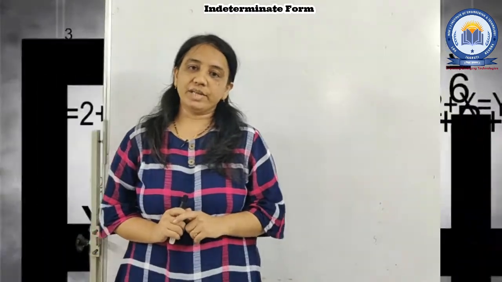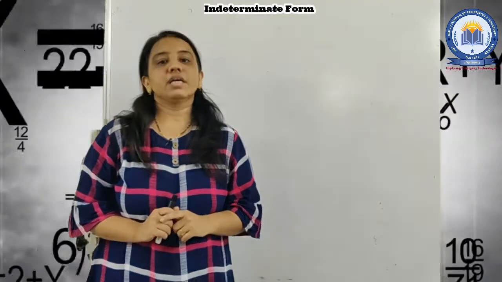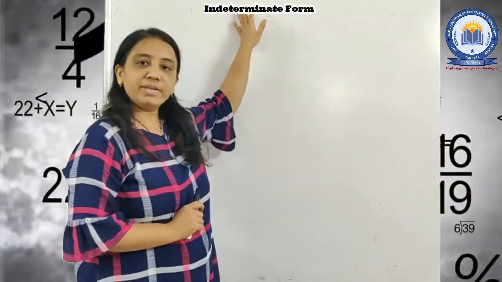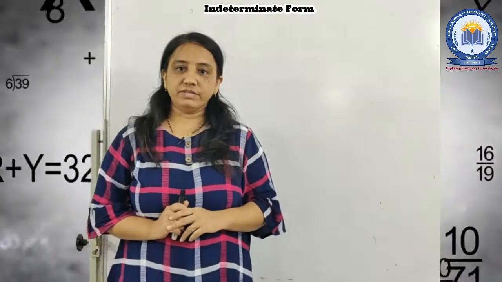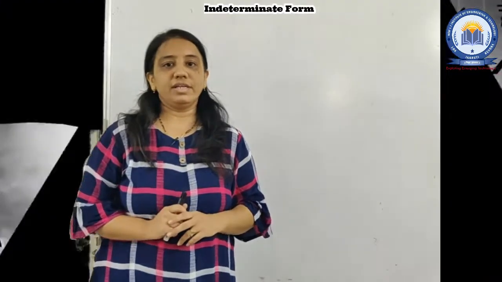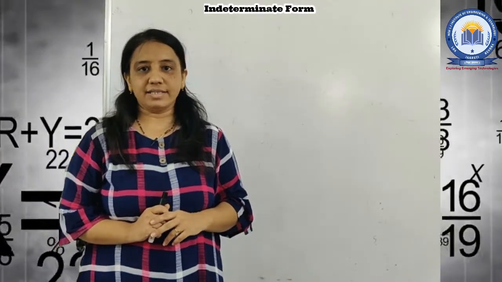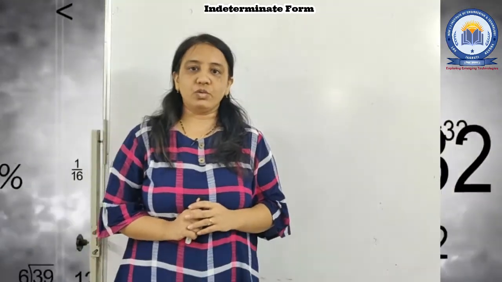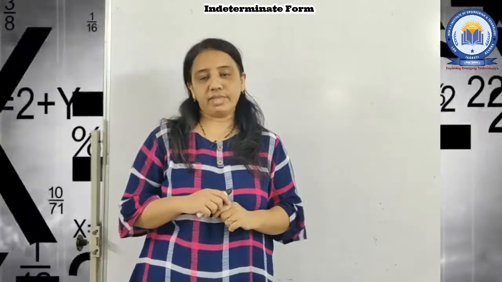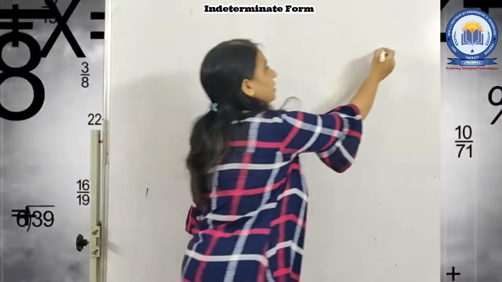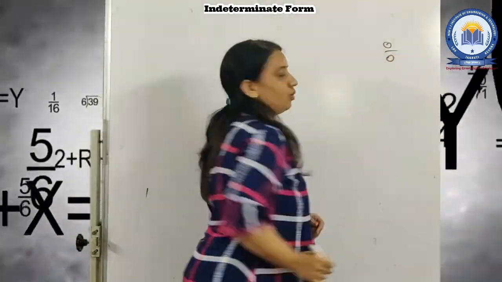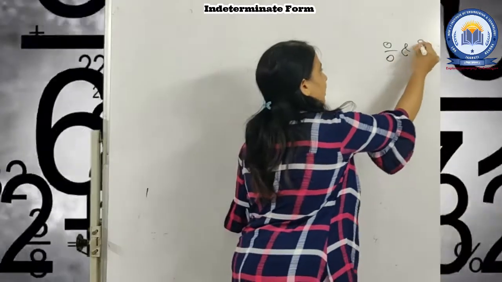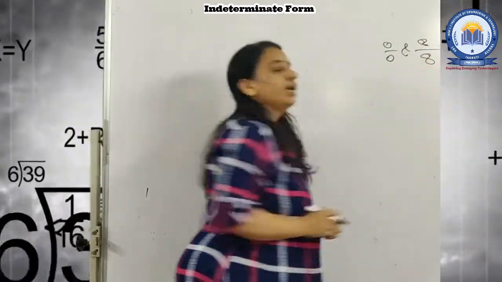In the last video lecture, we have seen the concept of indeterminate form. We have seen a total of 7 indeterminate forms in the last lecture, and we have also seen L'Hospital rule for two indeterminate forms, that is 0 by 0 and infinity by infinity.